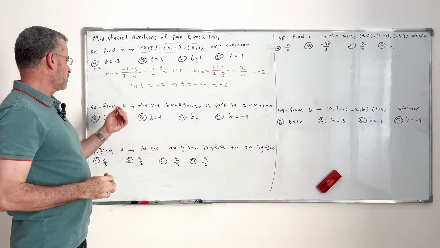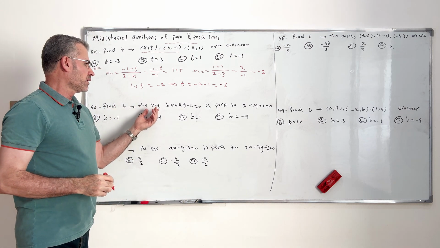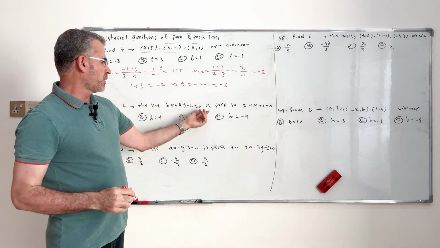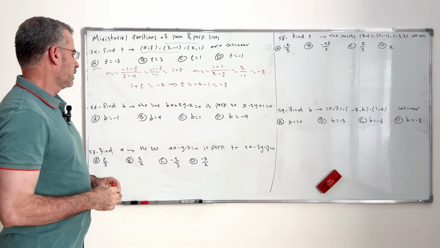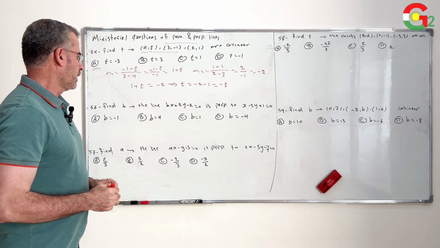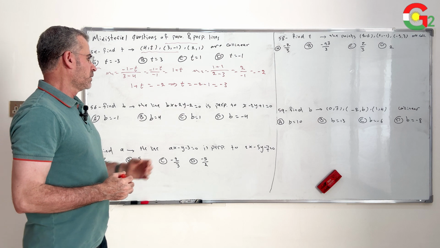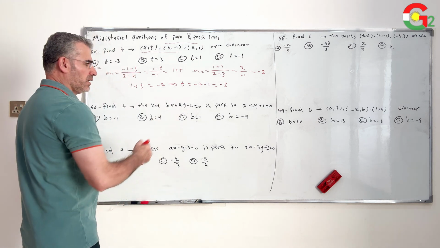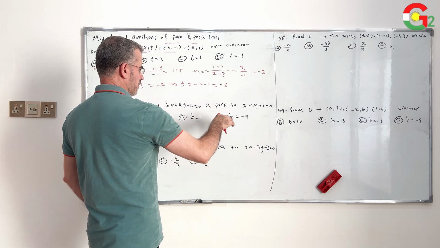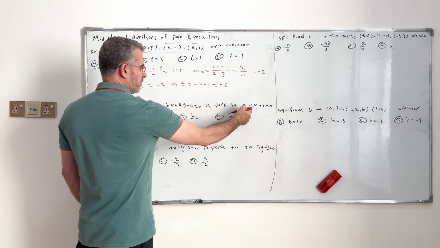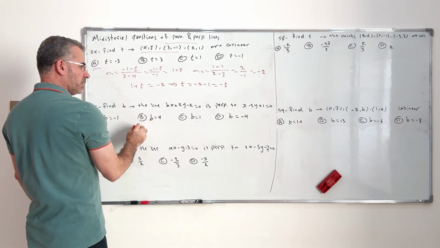Question number 56. Find the value of b where the line is perpendicular to the line. Since the two lines are perpendicular, then they should have negative reciprocal slopes. Let me find the slope of the second line.